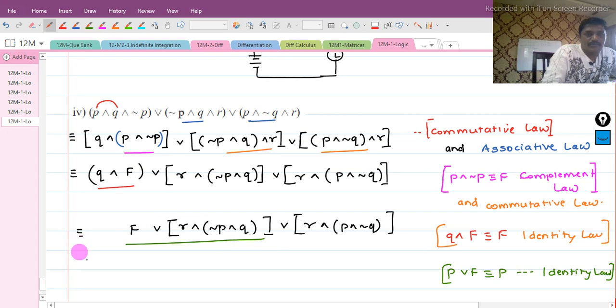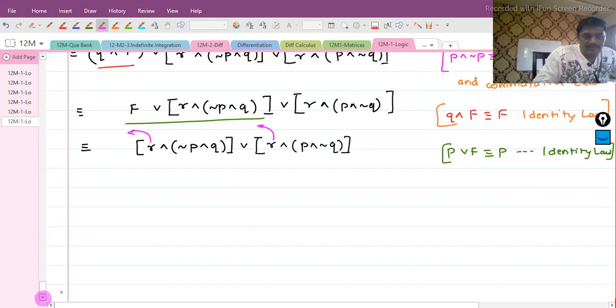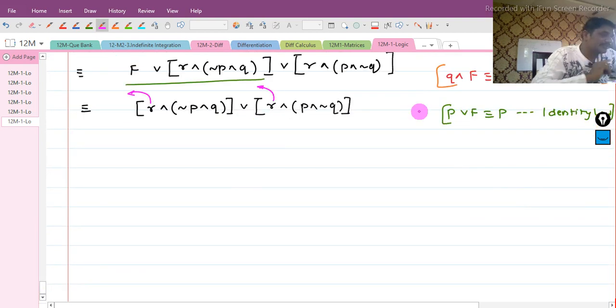What will we get here? False or this. So this will be this bracket: R and negation P and Q, or R and P and negation Q. Are you all understanding that? In the next step, I prefer to take this R common, which we call the distributive law.